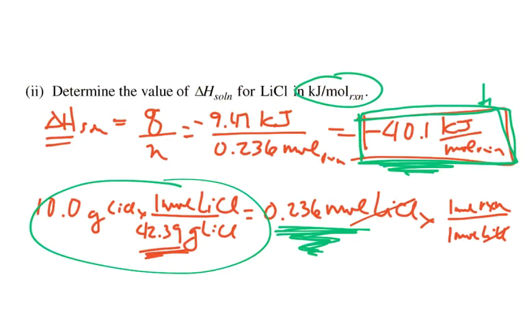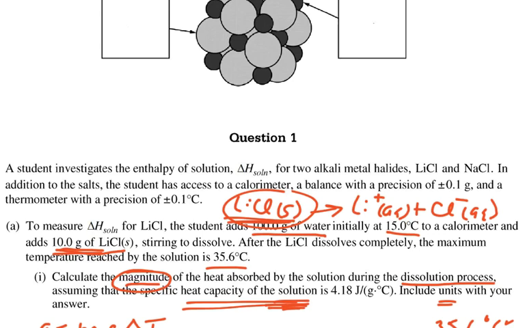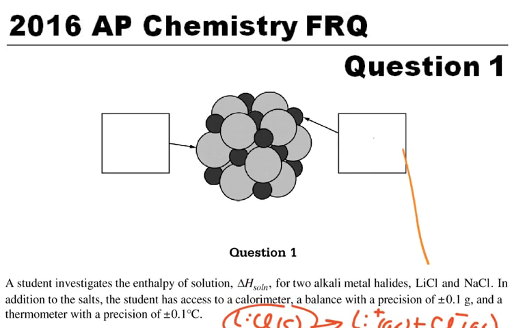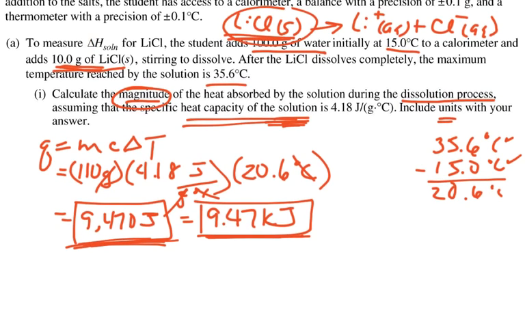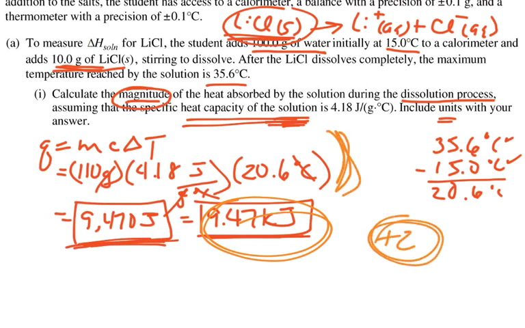Now let's go back over real quick and just say where the points were awarded for this question. First thing here, when you got to the first part, we got 2 points, one for getting to the right answer and one for the correct setup. So that's plus 2 points for that first part.